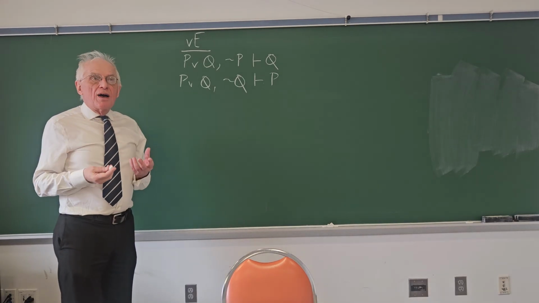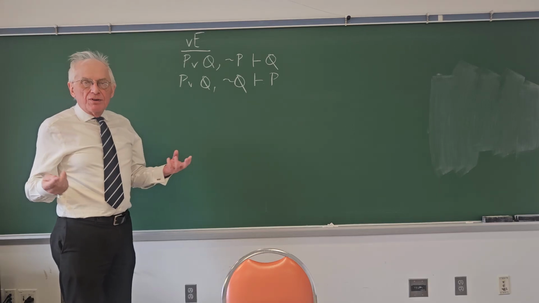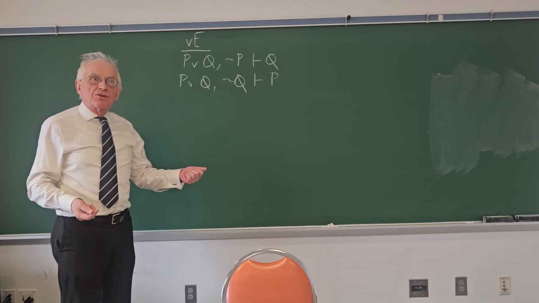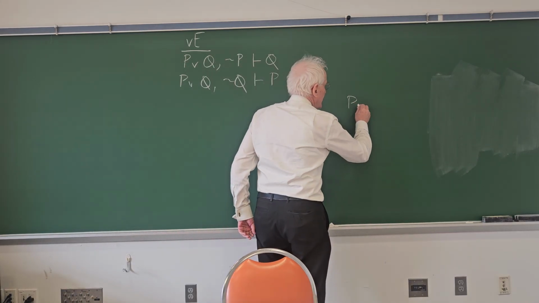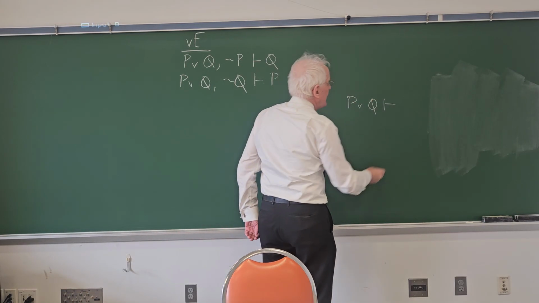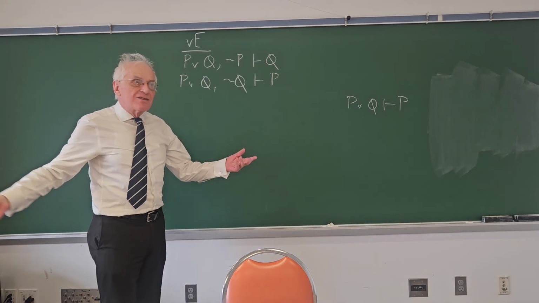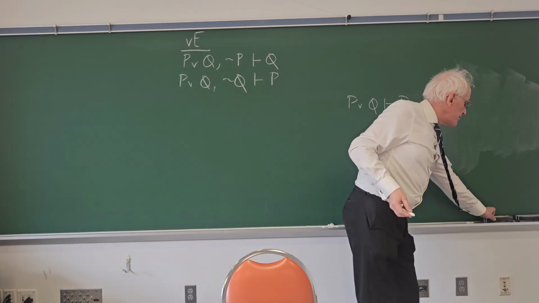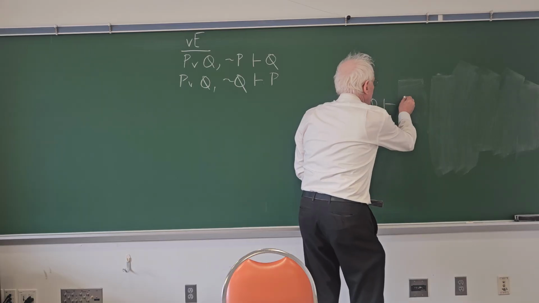So this is a two-line rule because by itself the disjunction doesn't have enough information in it to conclude that the left disjunct is true or the right disjunct is true. Either P or Q, therefore P, that's not a valid sequent. And neither is that.